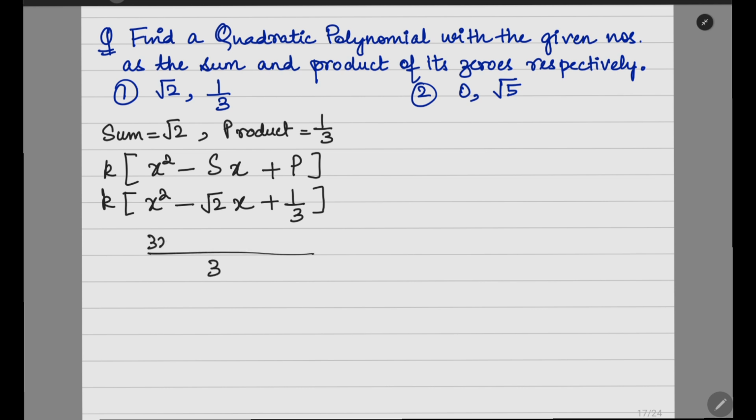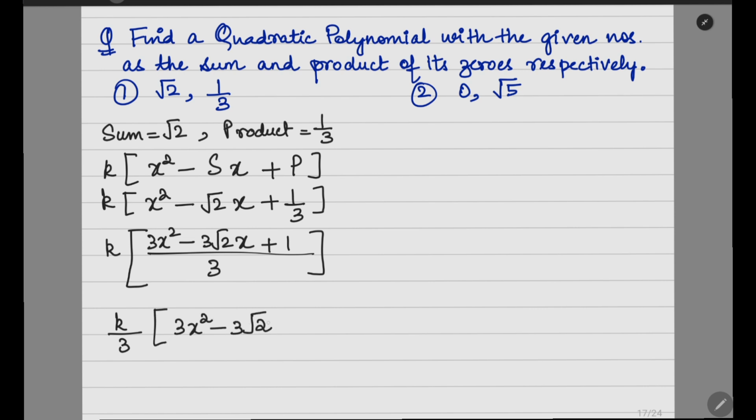You'll have 3x square minus 3 root 2 x plus 1, and outside the bracket you have k divided by denominator 3. So k by 3 multiplied by 3x square minus 3 root 2 x plus 1. This is the quadratic polynomial.